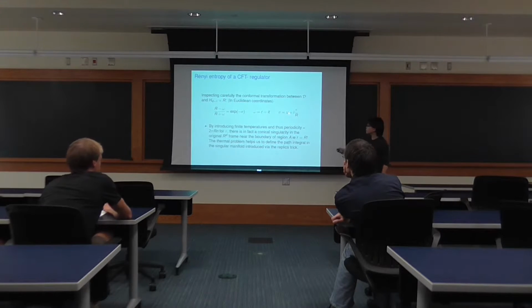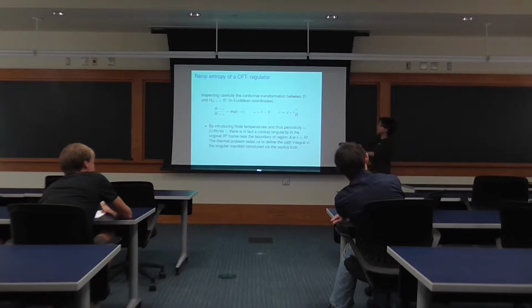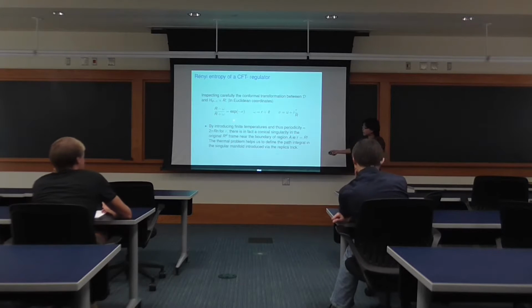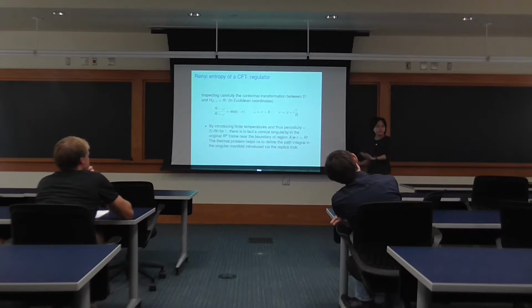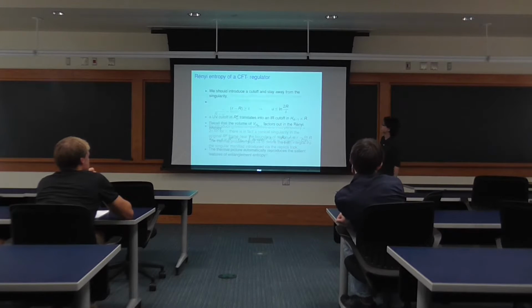So what happens from the point of view of u? If you move little r close to R, u is actually going to infinity. Therefore, the UV divergence that we're expecting as you move close to the conical singularity is now turning into an IR divergence of the hyperbolic space. So now it gives you a very natural way to regulate it.